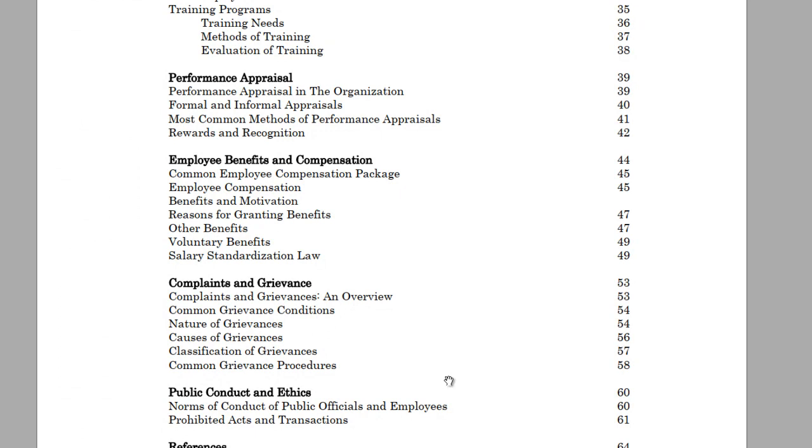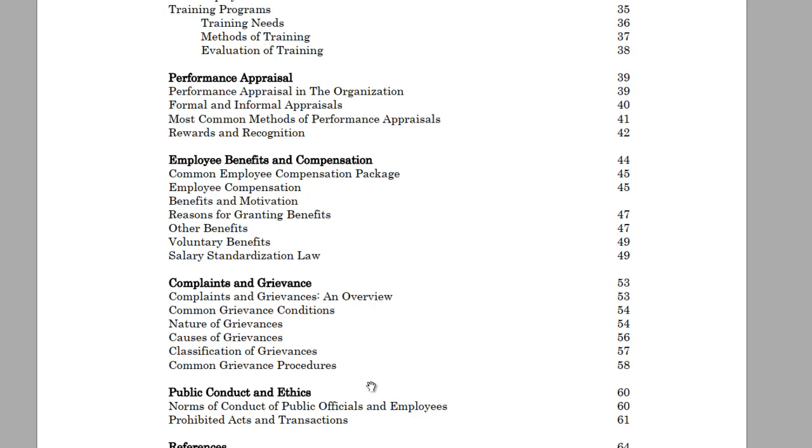Of course, these are not the only topics that cover public personnel administration or human resource management, because this subject covers broadly almost all other public administration topics.